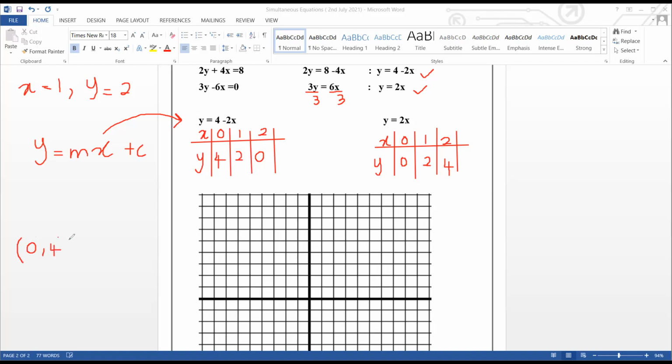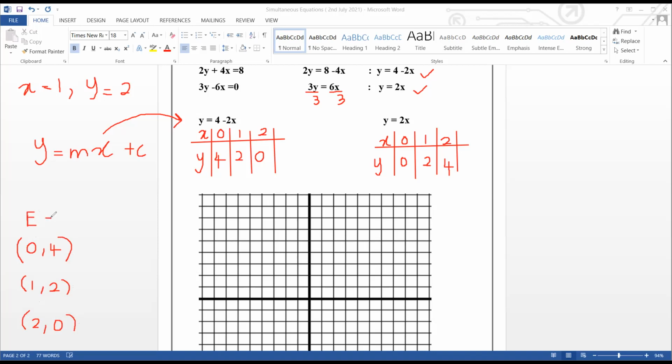Now better you all see the previous video as well, because when you watch the previous video, you will get the way of taking. There I have explained that, right? So then here it's 1, 2, and my next coordinates 2, 0. Right? So this is for the equation 1.